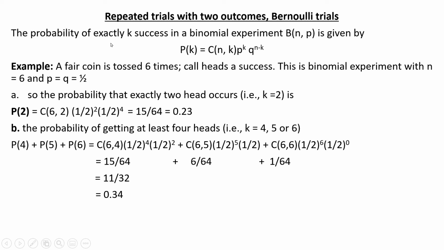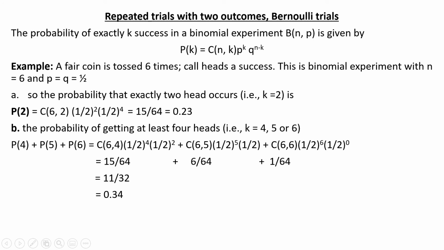So here is an example. A fair coin is tossed 6 times, call heads a success. So this is a binomial experiment with n equals 6 and probability p would be 1 by 2.